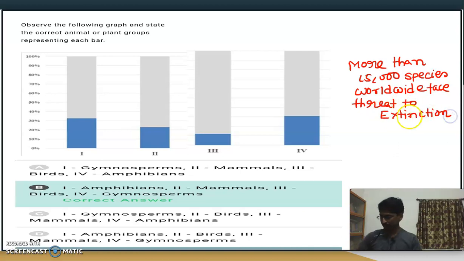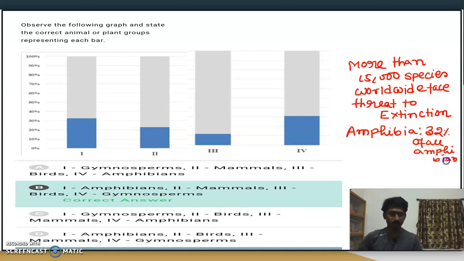Now, extinction percentage: amphibians 32%, meaning 32% of all amphibians are extinct. In the case of aves it is 12%.